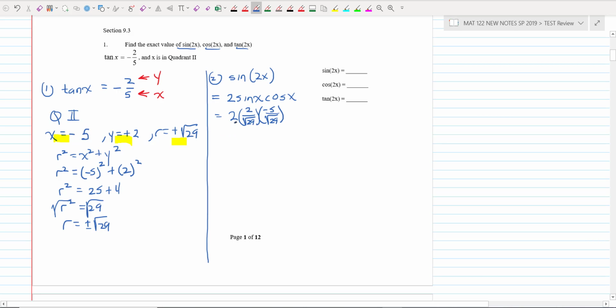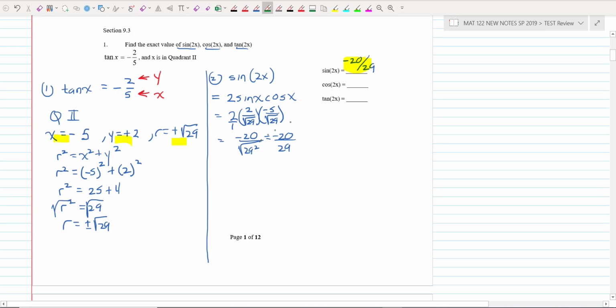Okay, so I'm going to put the 2 over 1. Multiply the numerator straight across. 2 times 2 is 4, times negative 5 would be negative 20. You have the square root of 29 squared, so that just gives negative 20 over 29. Okay, so that would be the exact answer to what the sine of 2x is then.